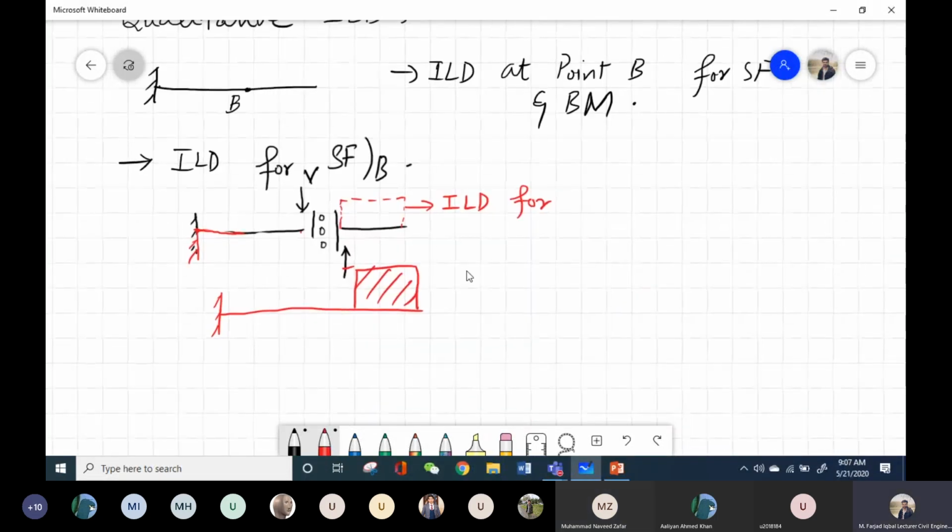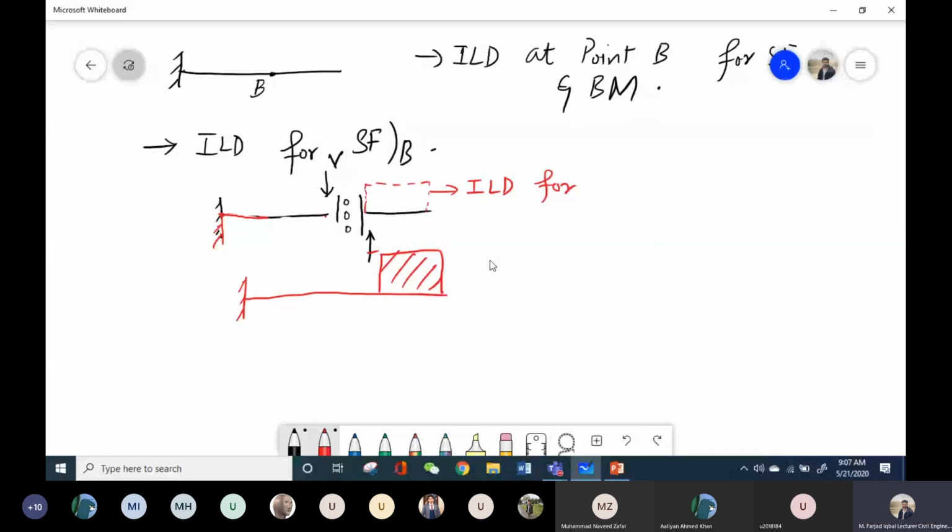For example, when we were solving the question for the simply supported beam and plotting the ILD for shear force at this point, we did something like this: a downward triangle on one end and an upward triangle on the other end. Why were these two triangles developing on the two ends? The reason was that this hinge support does not allow the beam to displace in the vertical direction.